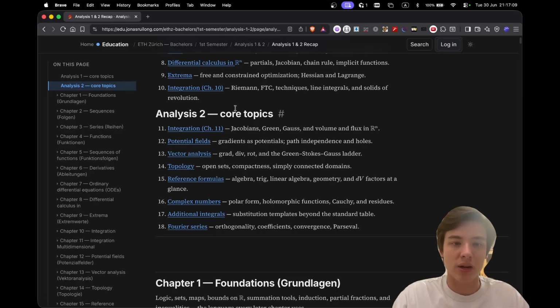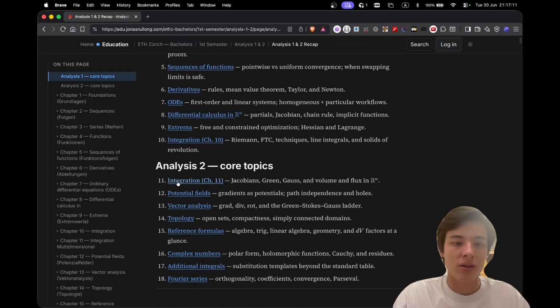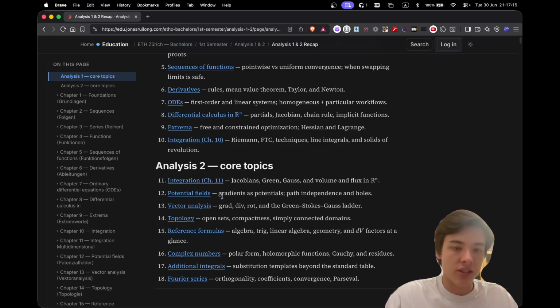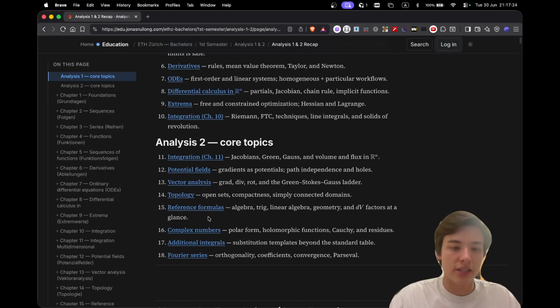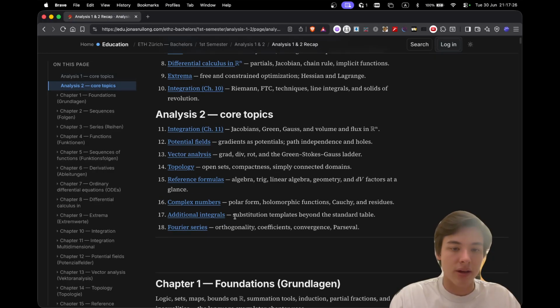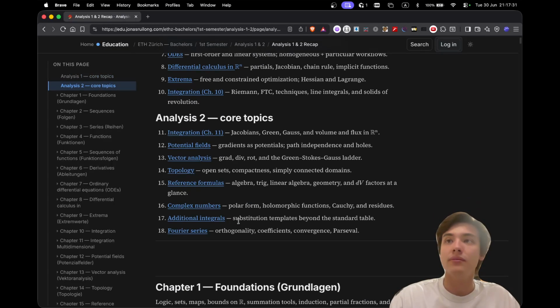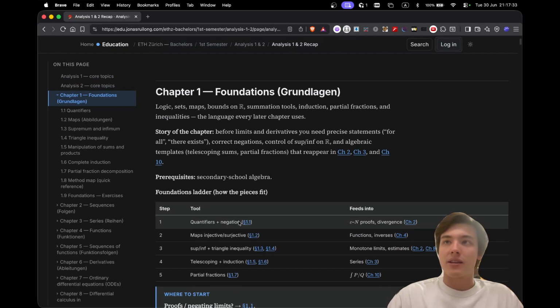I'm actually not sure when it switched to analysis 2, but we'll look more at integrations, potential fields, vector analysis. I think this one is also in multiple dimensions. Topologies, and then we have some other add-ons.